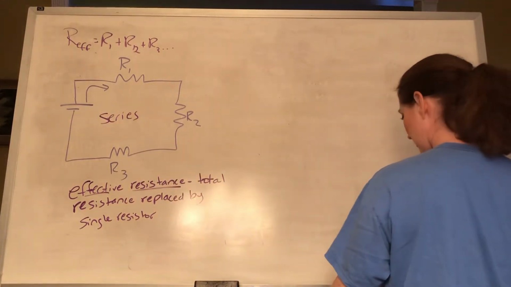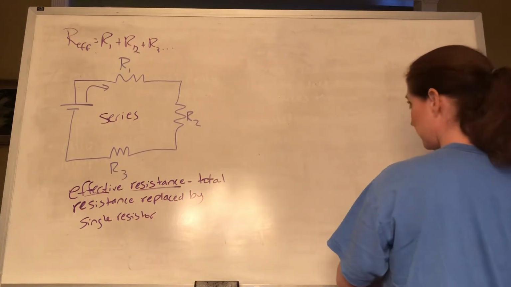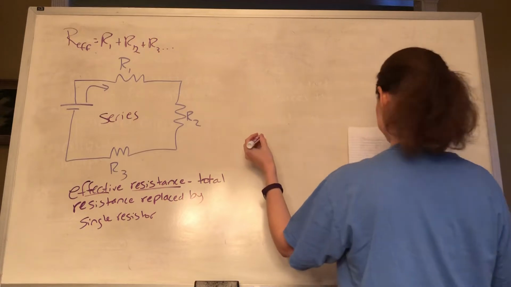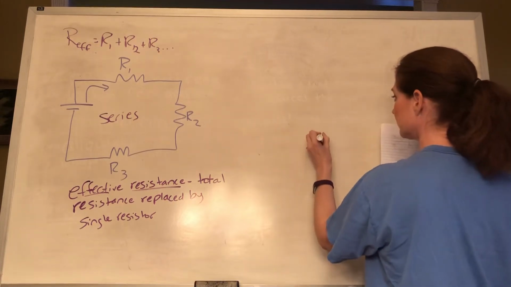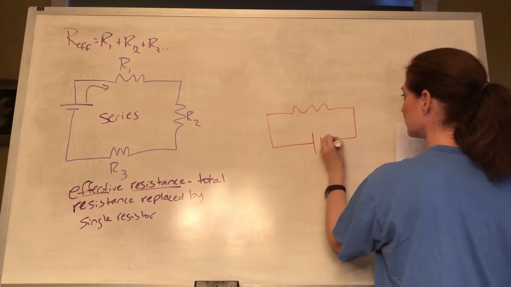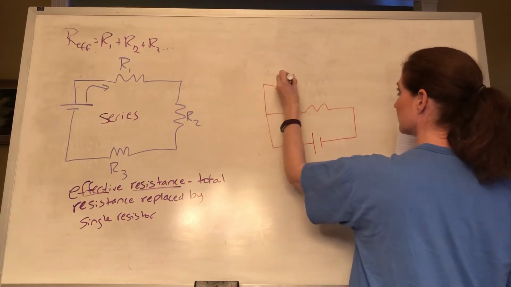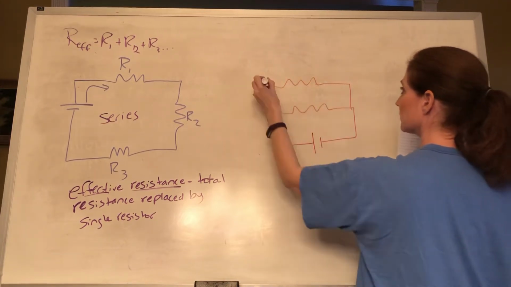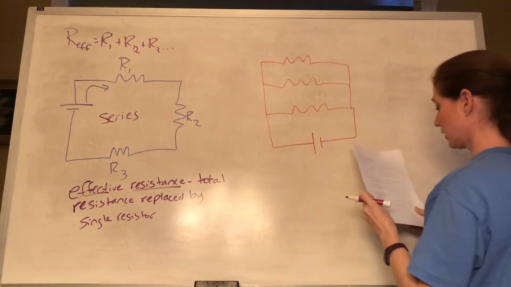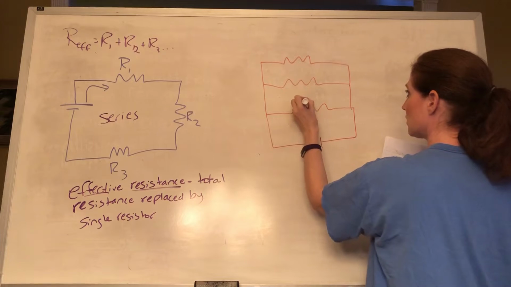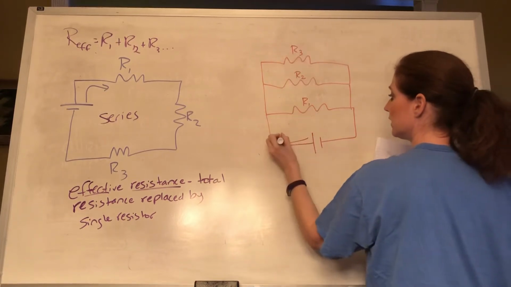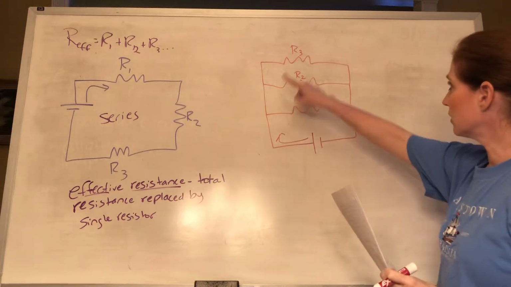All right, then if we have a parallel circuit, all right, so this would be my R1, R2, and R3, and so the current's going to go around.